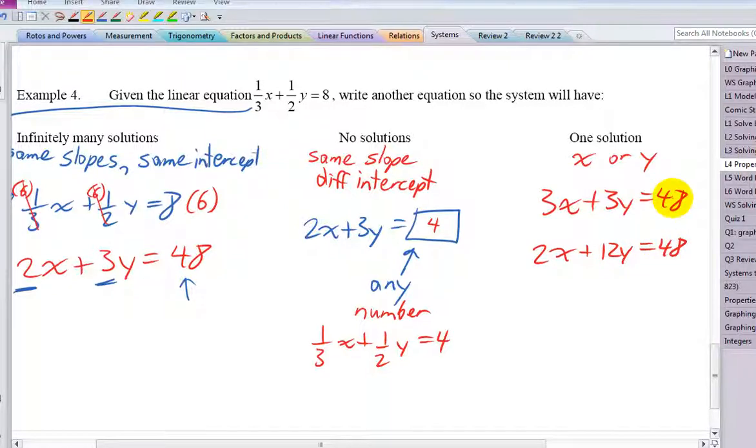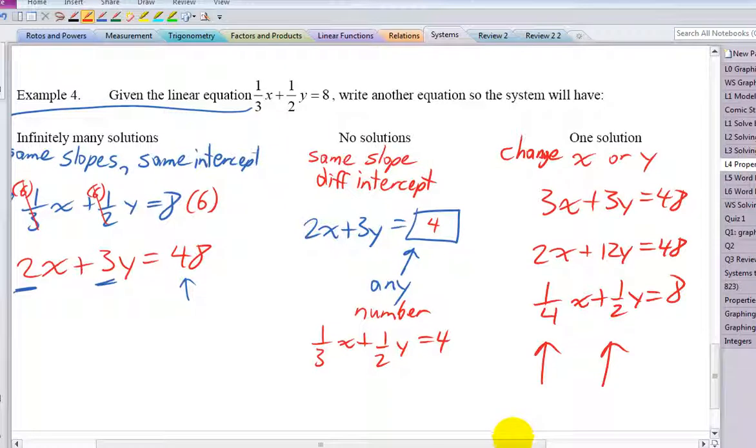The 48 can change, but an x or a y must change. You can even go 1/4 x plus 1/2 y equals 8. As long as you got a little bit of a change on your x or your y. You can totally change every single number you wanted. Doesn't matter. Okay, easy question.